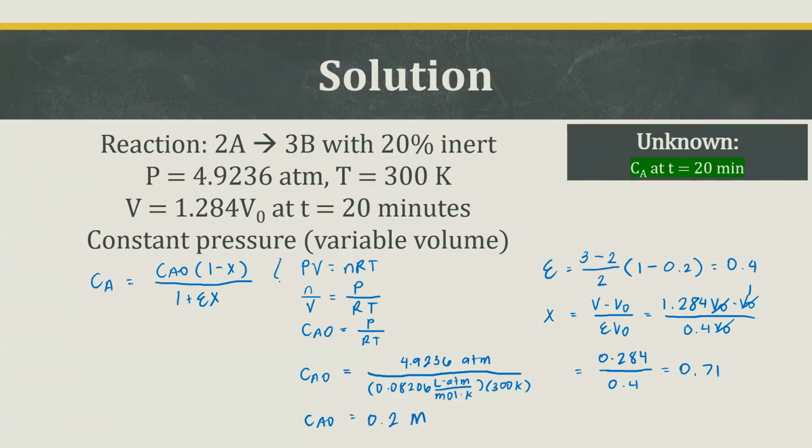I'm going to draw a line to separate the derived quantities from the actual solution. Okay, we now have values for CaO, epsilon, and x, and now we can proceed to solve the equation.